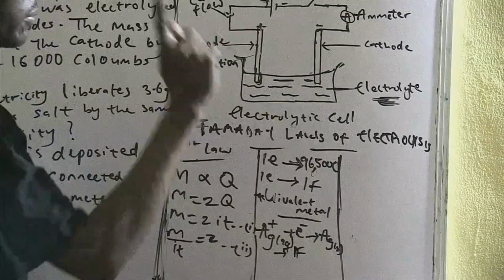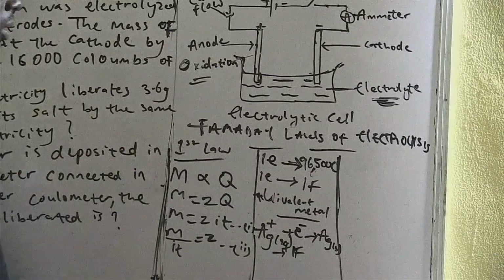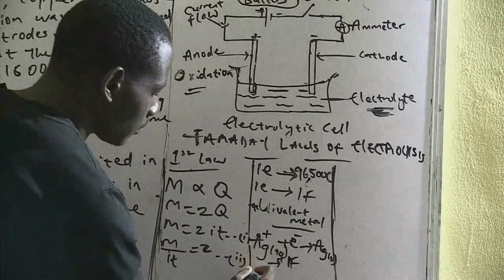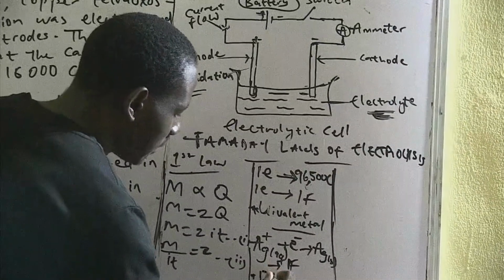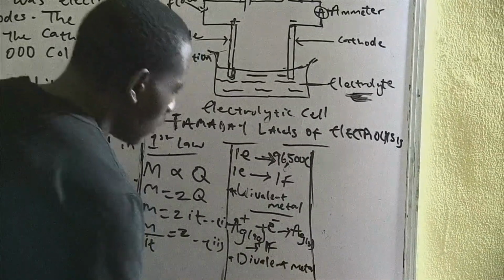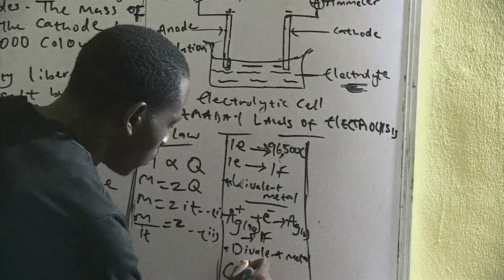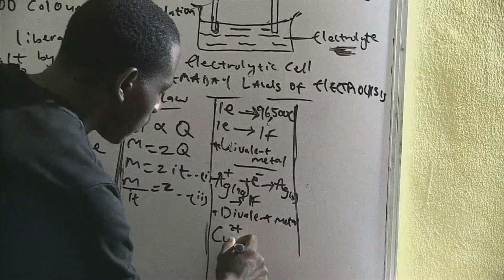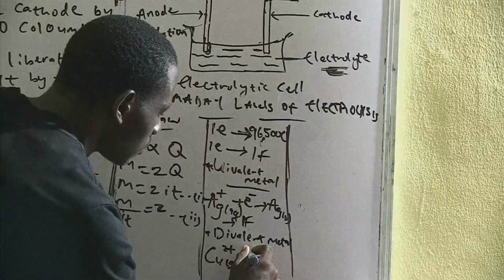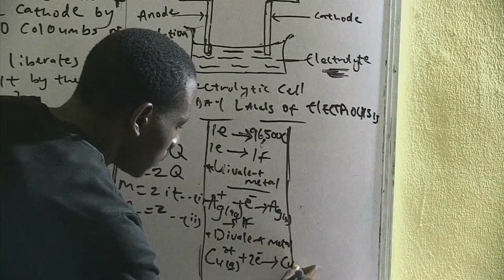It's as simple as that. But for a divalent metal like copper, Cu2+ aqueous plus 2e- gives you Cu solid.